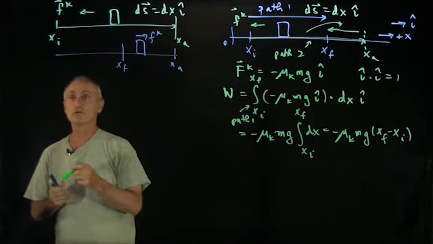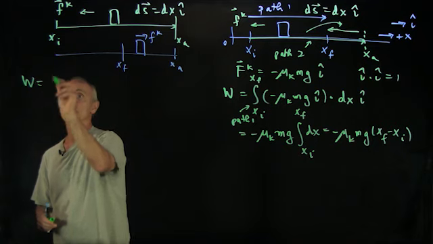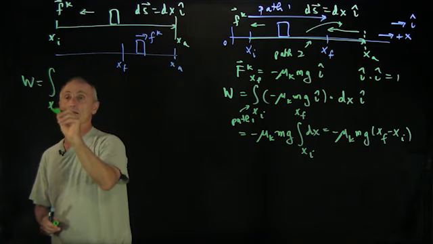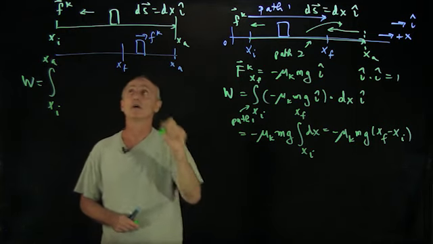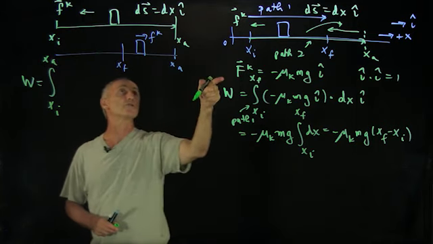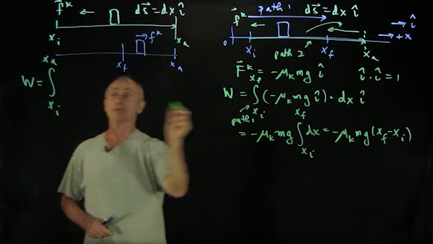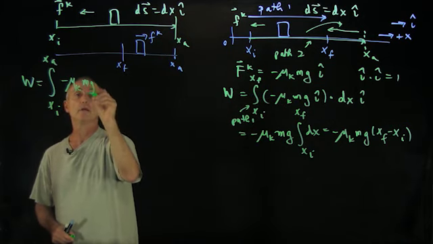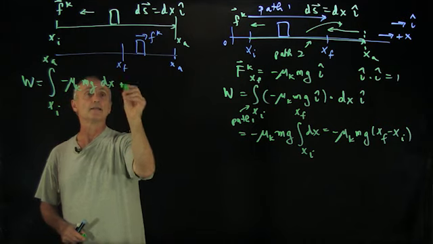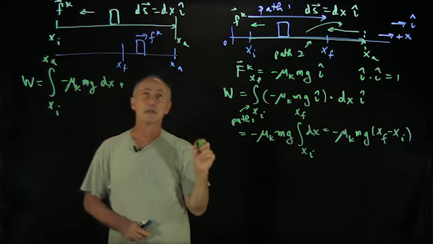So now what we have is 2 integrals. So W is the integral from x initial to xa. And now I'm going to take the dot products here directly. It's the same friction force. We still have this same integral, which is minus mu k mg dx. Now, here's where it's a little bit tricky.